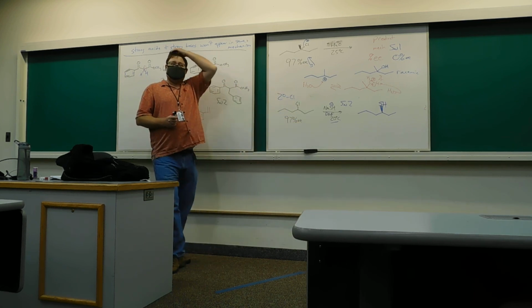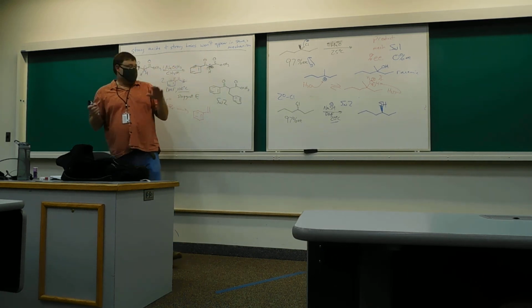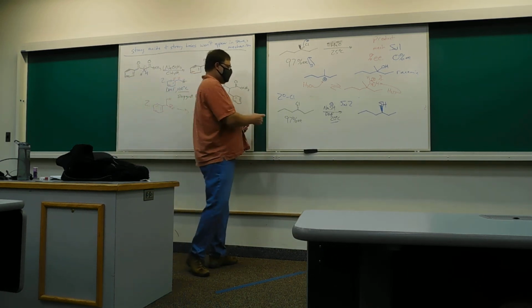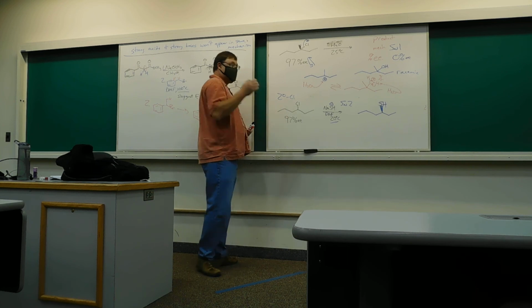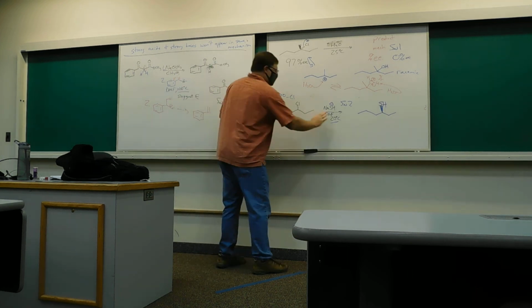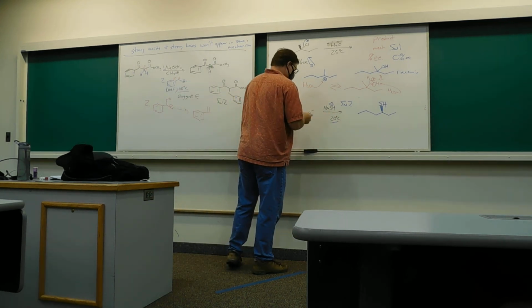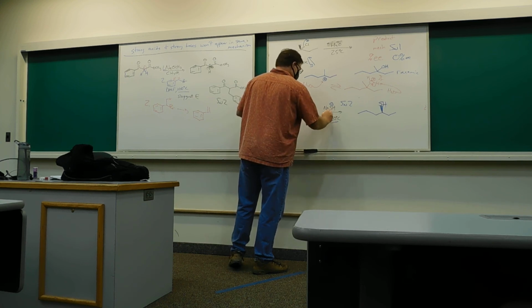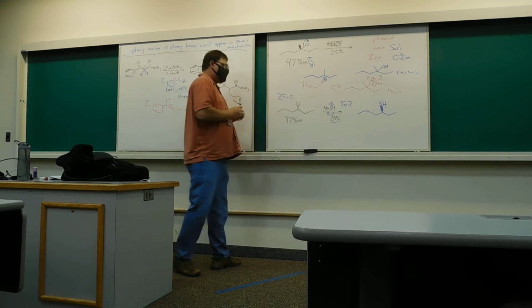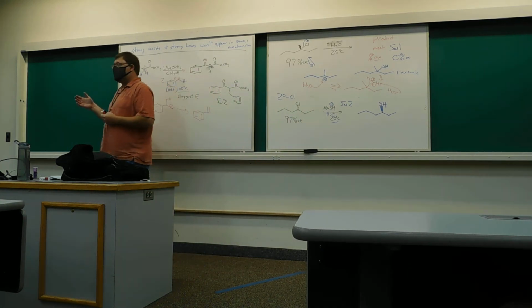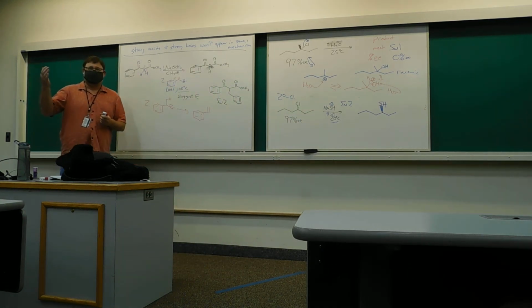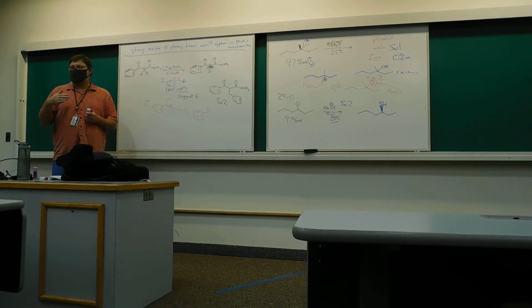Now, I think what you might be getting at is what I was going to talk about. There are cases like this one right here, a secondary chloride, so SN2 is pretty slow. If we instead come in here with water, protic solvents accelerate SN1 reactions, they decelerate SN2 reactions.